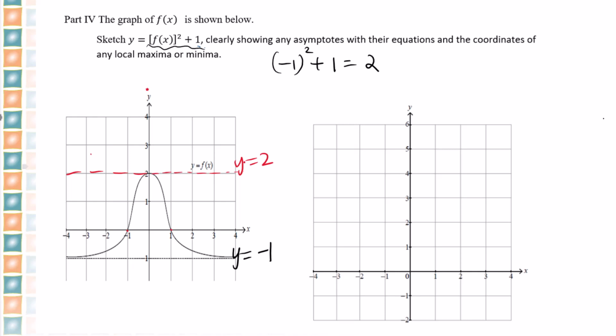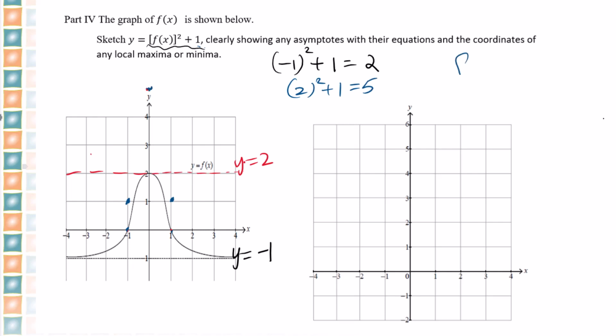Check this x-intercept. 0 squared plus 1 is 1. Then for 2 squared plus 1 equals 5. It's here.